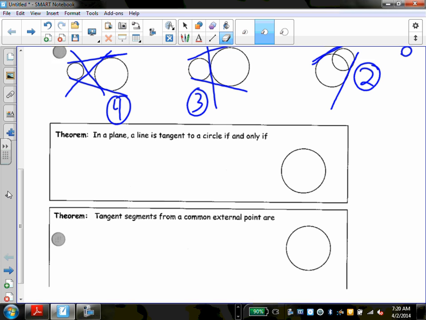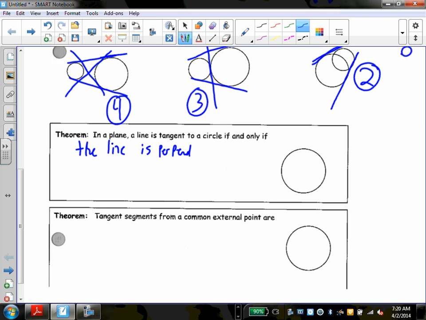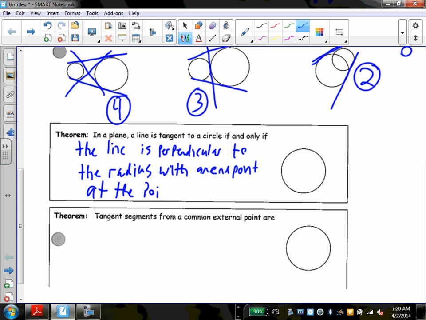So, in a plane, first theorem that we have, a line is tangent to a circle if and only if the line is perpendicular to the radius with an endpoint at the point of tangency.